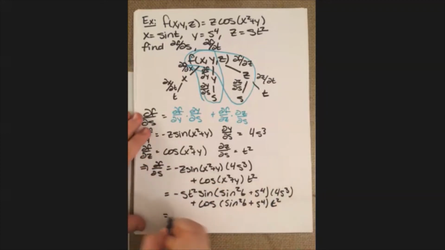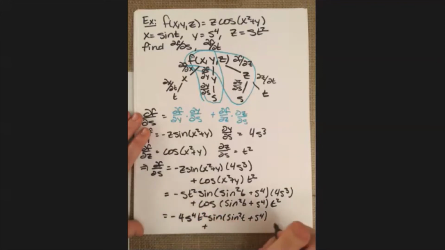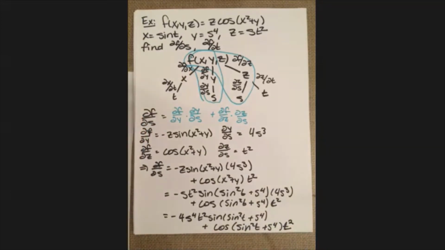I can rearrange this a little bit just to clean it up. I'm going to get negative 4s to the fourth t squared sine squared of t, and then plus s to the fourth, and then outside of that plus cosine of sine squared of t plus s to the fourth, t squared. Or I can bring the t squared up here. It doesn't really matter either way.